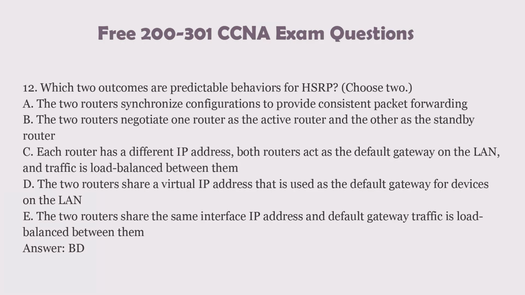Both routers act as the default gateway on the LAN, and traffic is load balanced between them. D. The two routers share a virtual IP address that is used as the default gateway for devices on the LAN. E. The two routers share the same interface IP address and default gateway traffic is load balanced between them. Answer: BD.